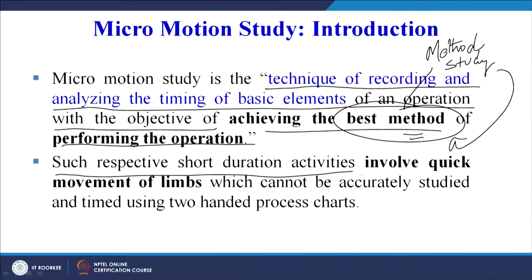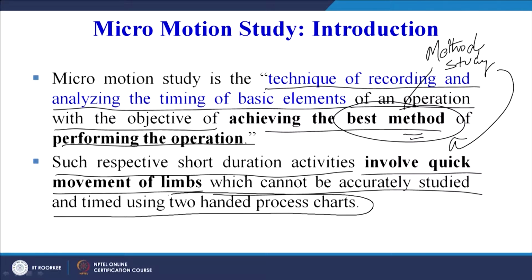Such short duration activities involve quick movement of limbs, which cannot be accurately studied and timed using the two-handed process chart. As I explained in the introductory part, in the two-handed process chart we use the basic process chart symbols, and one activity may be further subdivided into basic micro motions.